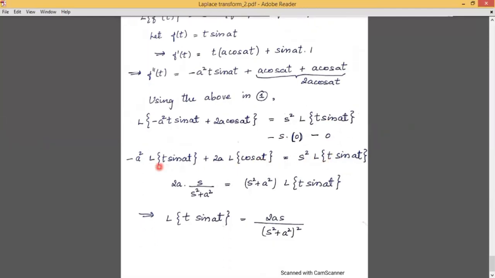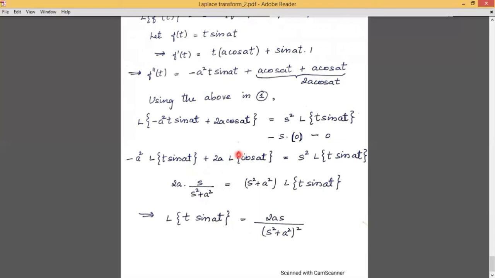Here, what I have done is I have taken this to the right hand side, because here also I am having Laplace transform of t sin at, and here also I am having Laplace transform of t sin at. So I have taken this to the other side. So if I take that as common, I'll be left with s square plus a square. And this side, I'll be left with 2a into Laplace transform of cos at, or s by s square plus a square.